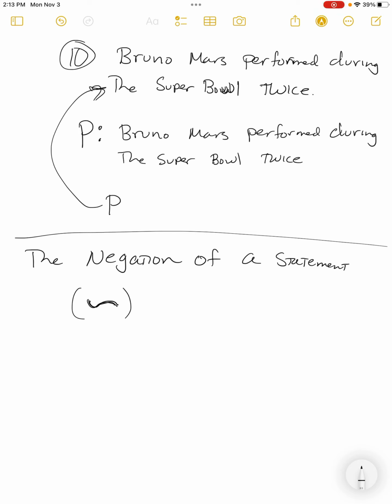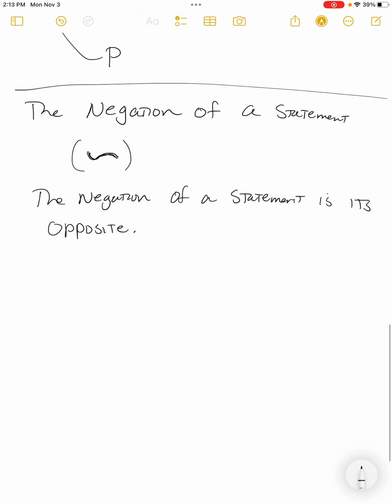That's its symbol. And what this negation means is the negation of a statement is its opposite. The negation of a statement is its opposite. So if the statement P is true, then the negation of P would be its opposite, would be false.